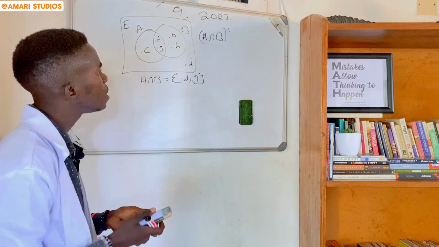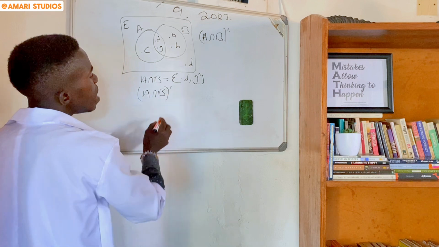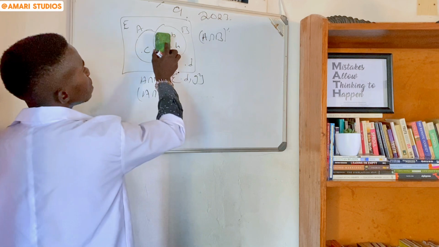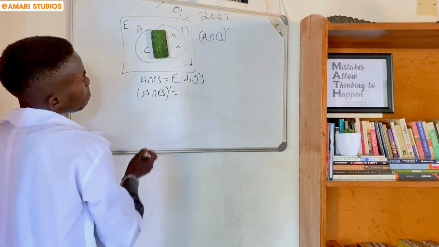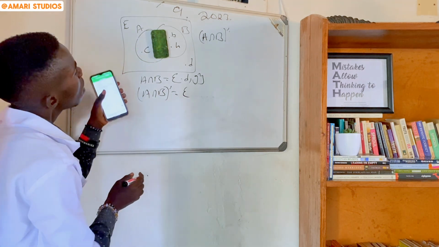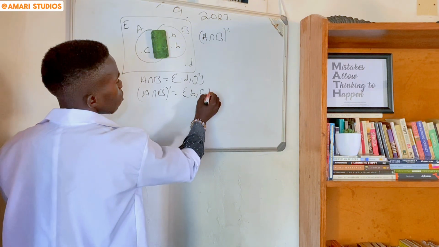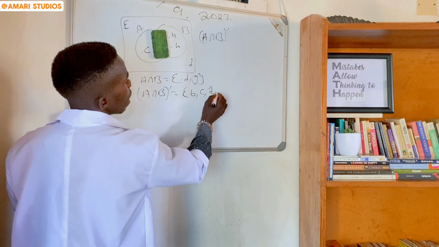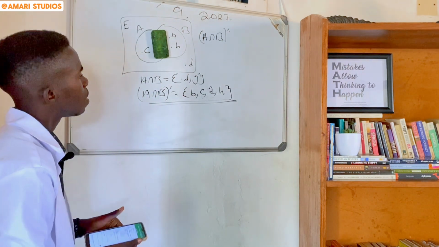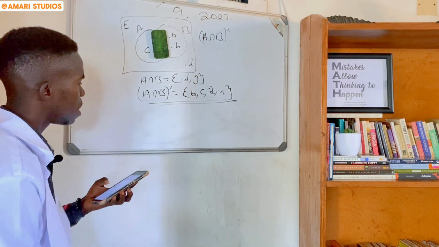So for you to list A intersection B complement, the complement there means that you list members that are not found in the intersection of A and B. So now, if we just exclude the intersection of A and B, the members that are not found in A intersection B are B, C, D, and H. So this is our final answer. B, C, D, and H. That is A intersection B complement.